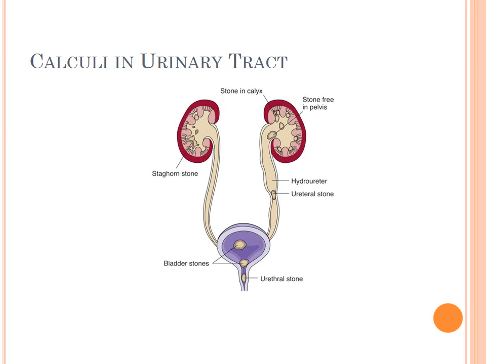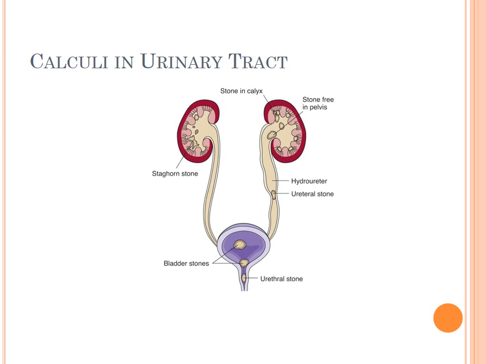to the urethra. If you look at the kidney, you could have small ones, or you could have a staghorn stone, which is quite large, that kind of molds into the space under the papilla of the renal pyramid.